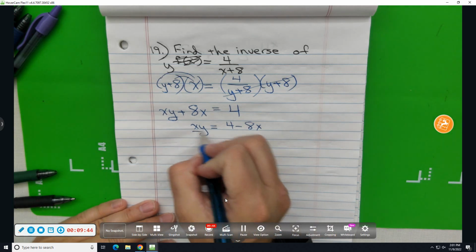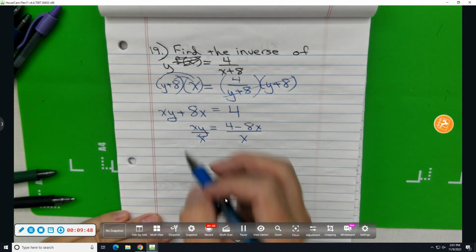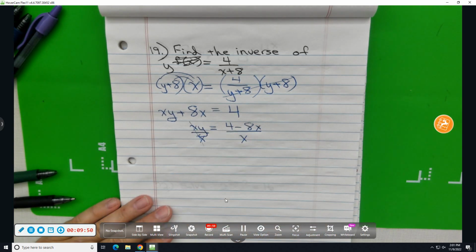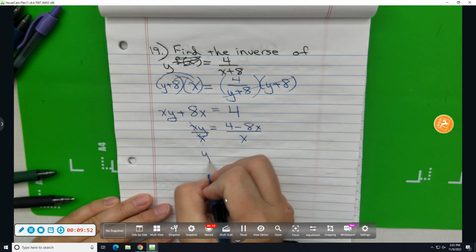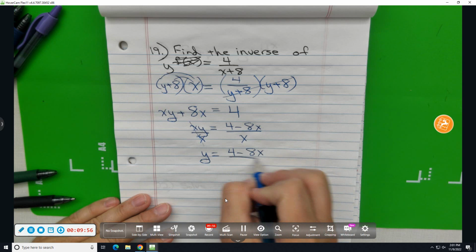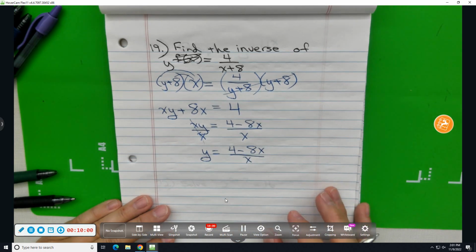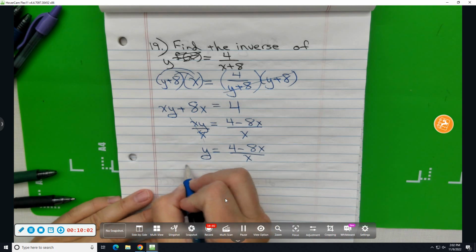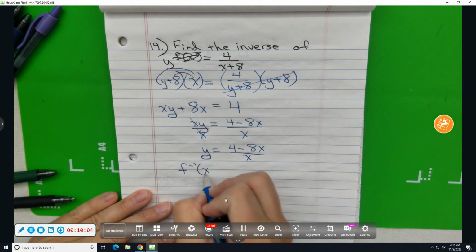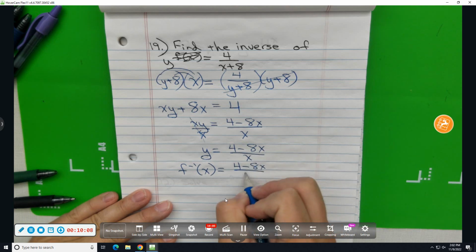I agree, division. So divided by x, divided by x. So the x's cancel out, leaving us y equals 4 minus 8x all over x. So my inverse function is 4 minus 8x divided by x.